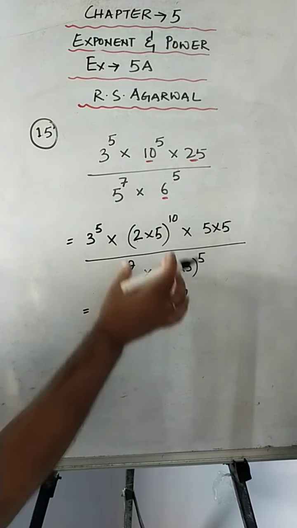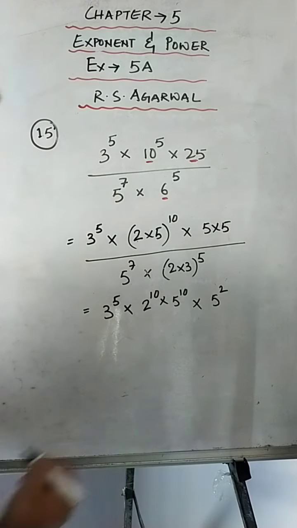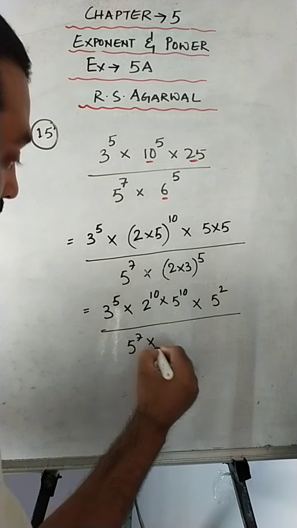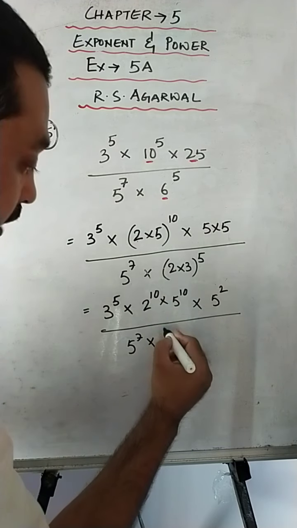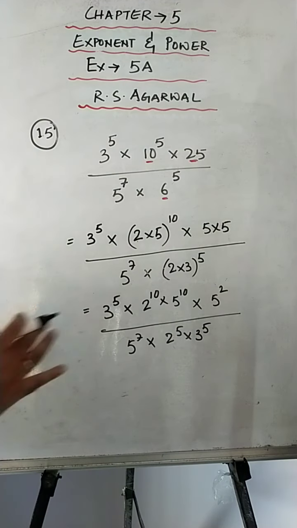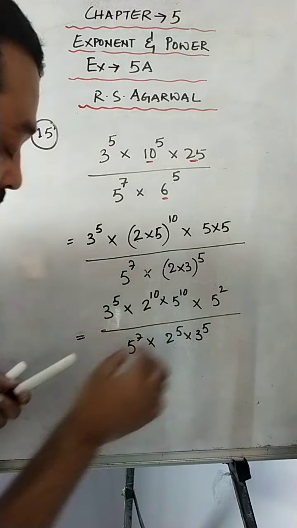Okay, this is how you have to open the bracket. 5 into 5 can be written as 5 square, 5 to the power 7, and 2 into 3. Again, we'll apply the same rule, that is 2 will carry 5 as a power, and 3 will also carry 5 as a power.